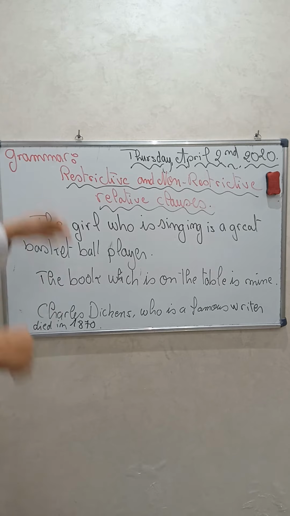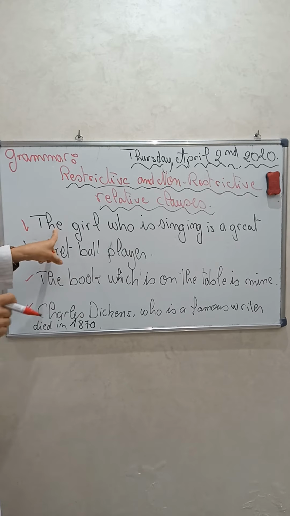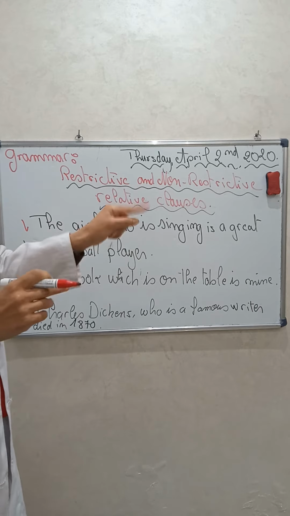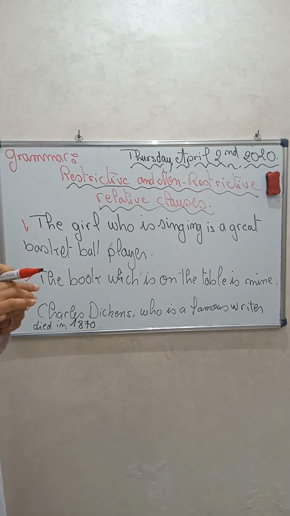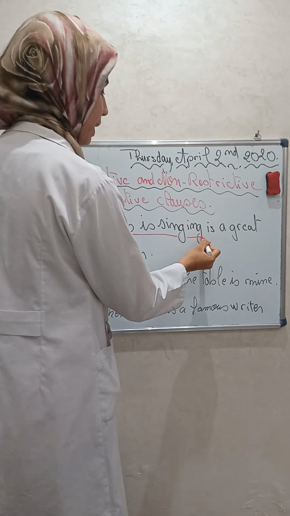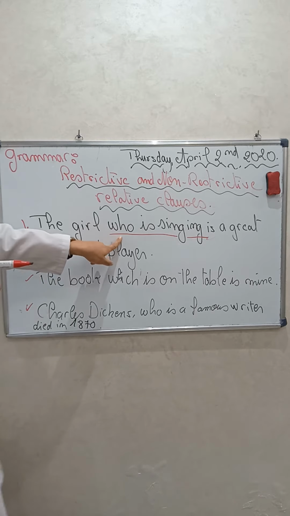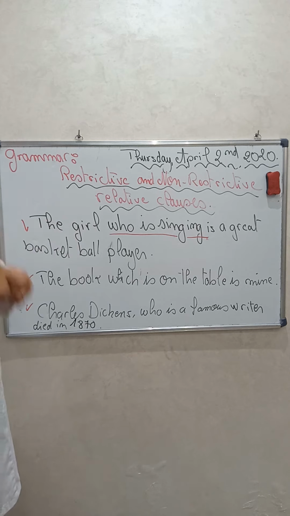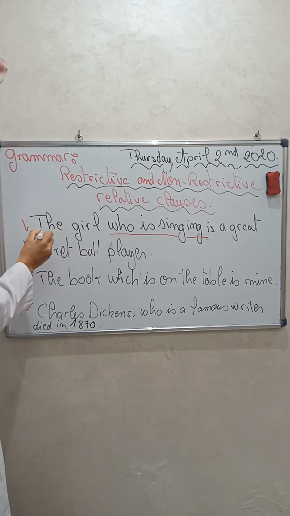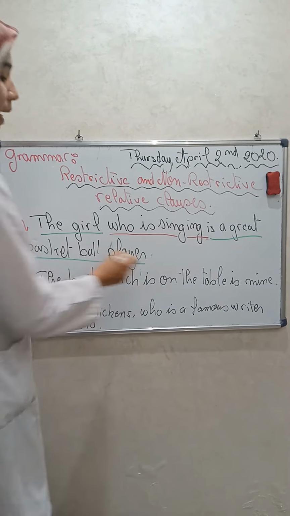Here I've got three examples. The girl who is singing is a great basketball player. Where is the relative clause? It is who is singing. Relative pronoun, it's who. What about the other sentence? The other sentence is the girl is a great basketball player.